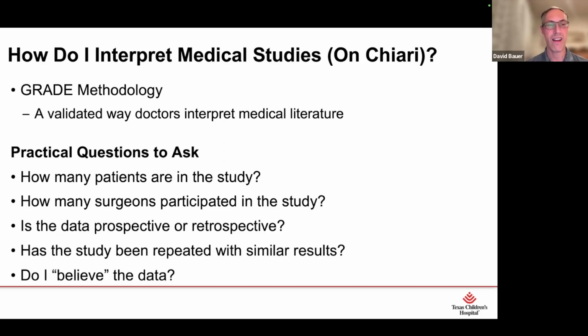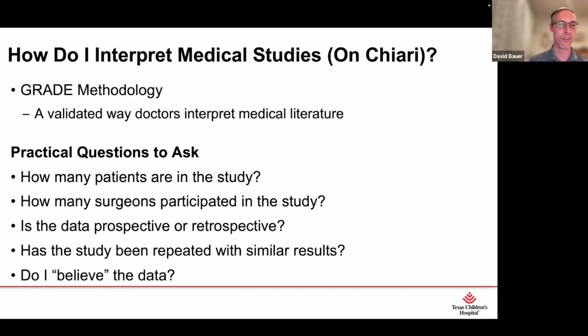I find that if there's a single surgeon that publishes results, I think that's great. But I would love to see a study with 10 or 20 or 30 surgeons all getting similar results, because this means that we know why these results are happening, and it's how the surgeons are treating the patient.